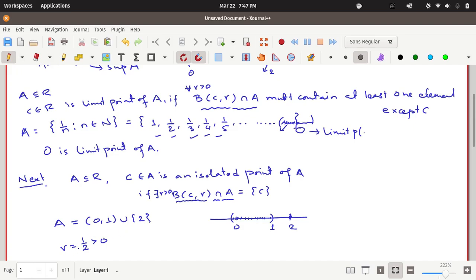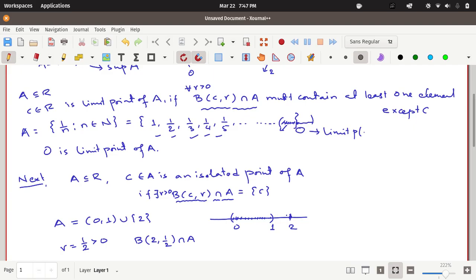So we have found a radius for the open ball with center 2 and radius 1 by 2. Let's see what its intersection with A is.